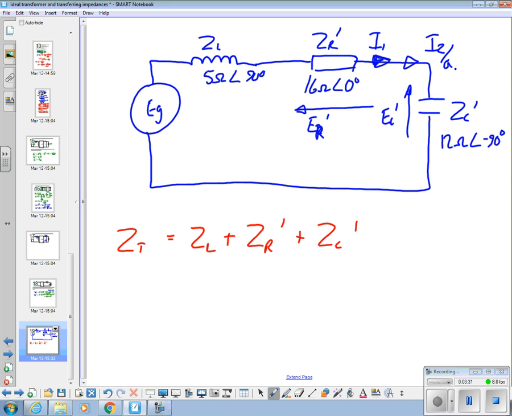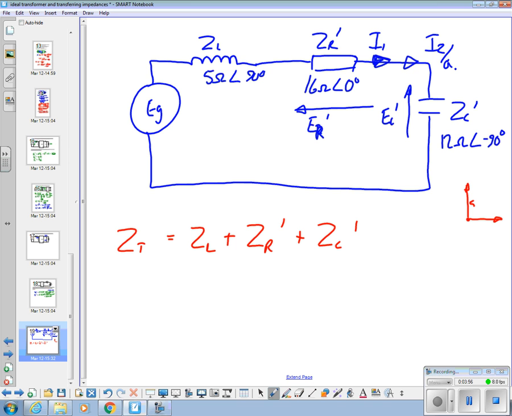Right, without a calculator, Danny, what's the rectangular value for the inductor? Think about your axis. That way is 0 degrees, that way is 90.